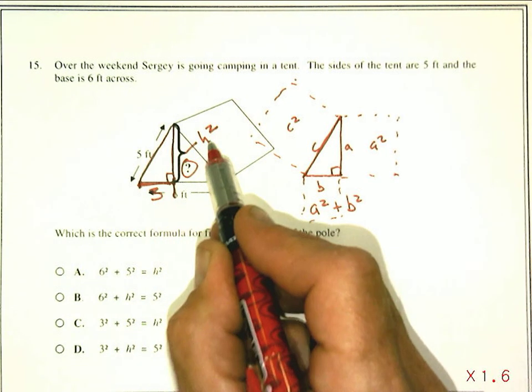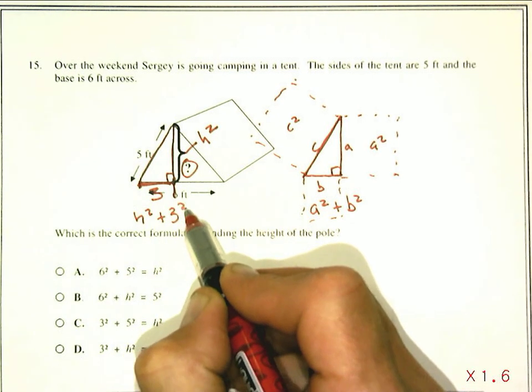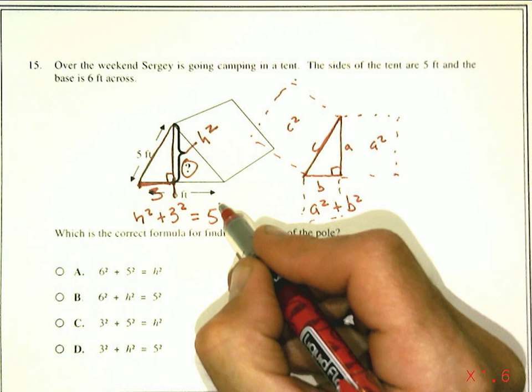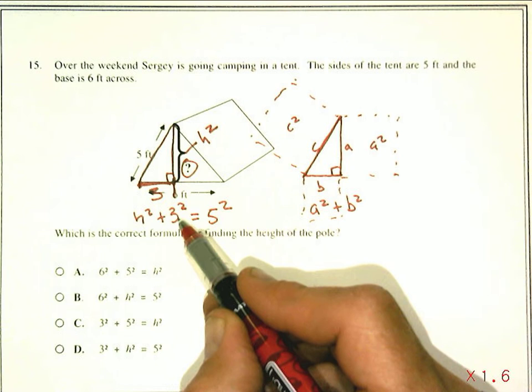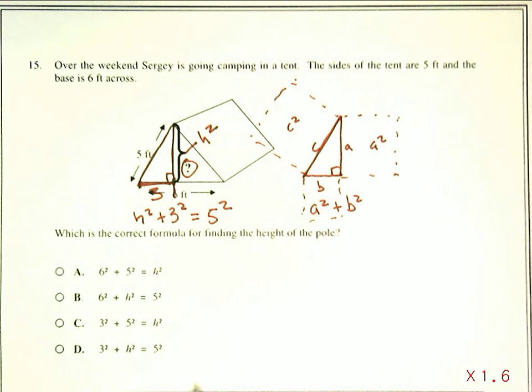So I'm going to have H squared plus 3 squared equal to the hypotenuse squared. So we have the height squared plus 3 squared equals the hypotenuse squared, which in this case, I actually have it opposite of what the answer is given, but it's still the same thing. 3 squared plus the height squared equals 5 squared.